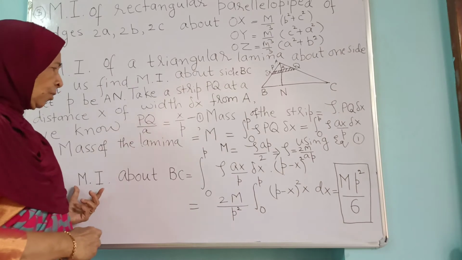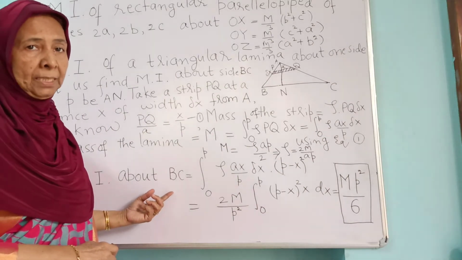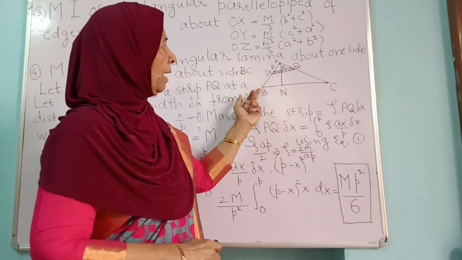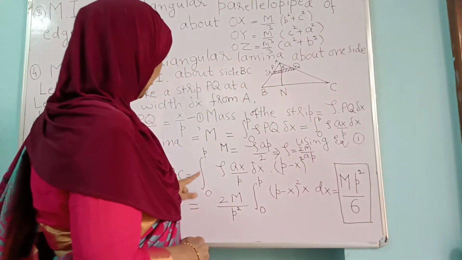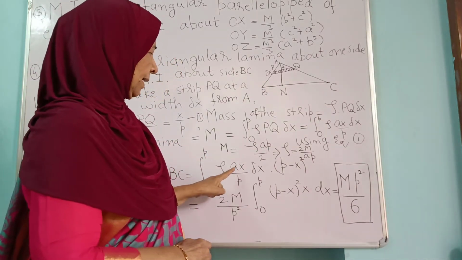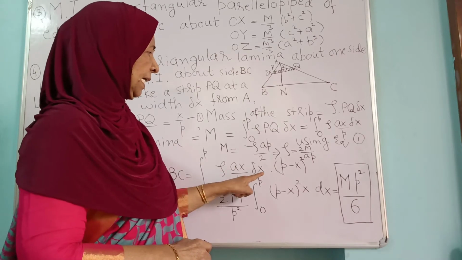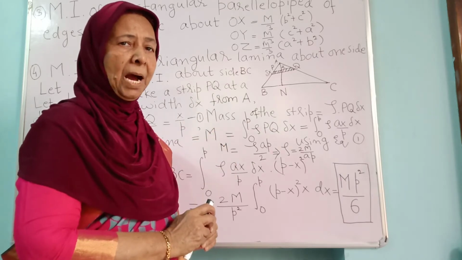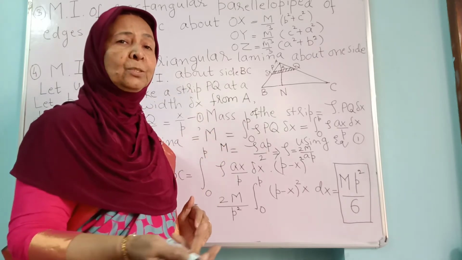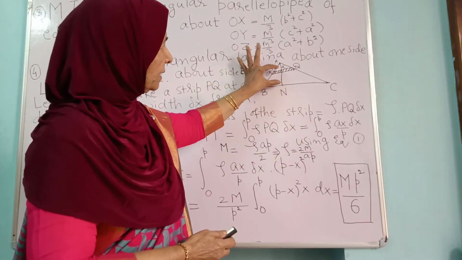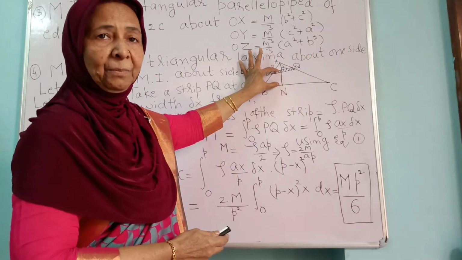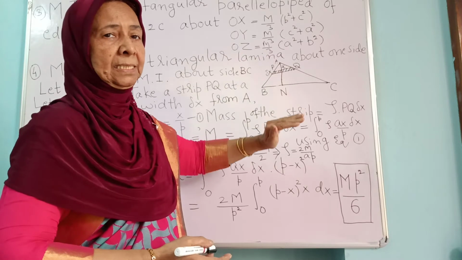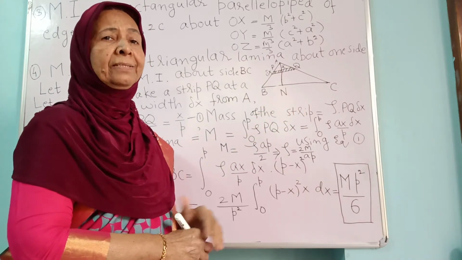Now next, the moment of inertia about BC is required. So first of all, we will find out the moment of inertia of this strip about BC. So what will it be? It will be rho a x divided by p delta x. You know, this term stands for the mass. Mass into perpendicular distance square. Now the perpendicular distance square is this, because we have to measure the perpendicular distance from the axis about which moment of inertia is required.